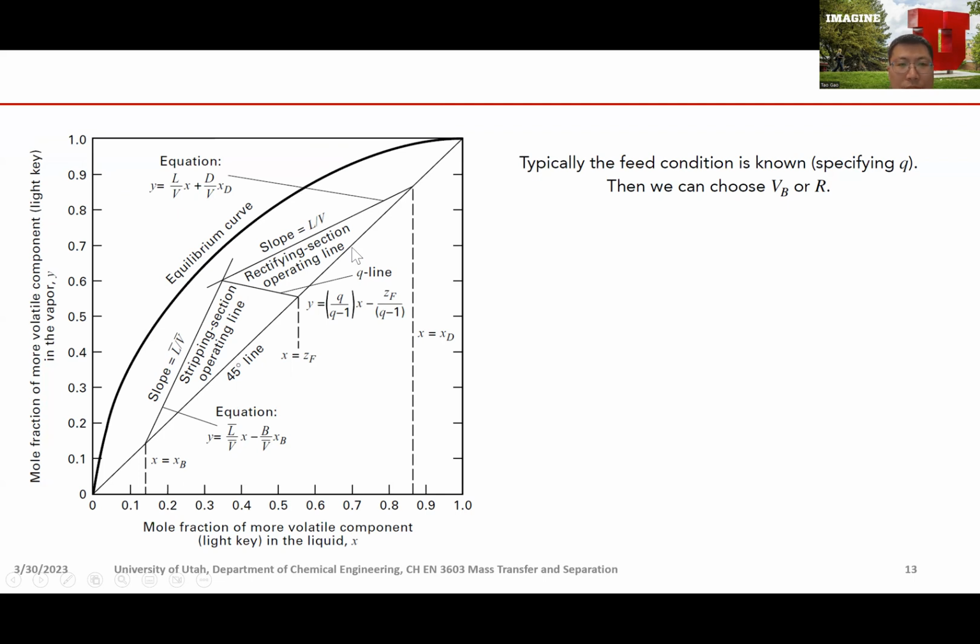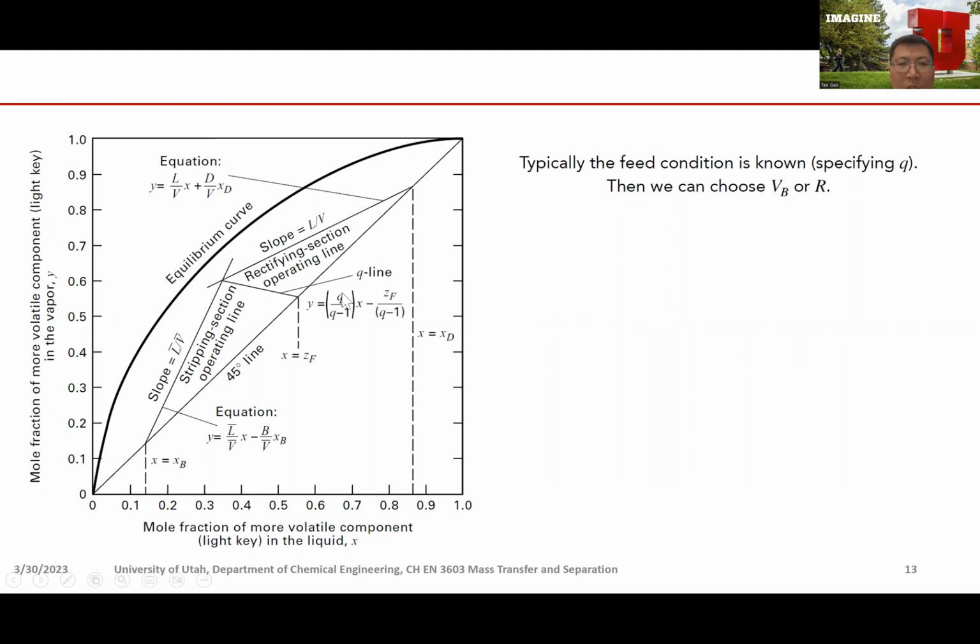The slope is given by L over V, or the reflux ratio. And we can draw the rectifying section operating line if we know this point, because XD is given by our desired separation outcome. So we have this point, we have the slope given by the reflux ratio, and we can draw a straight line.